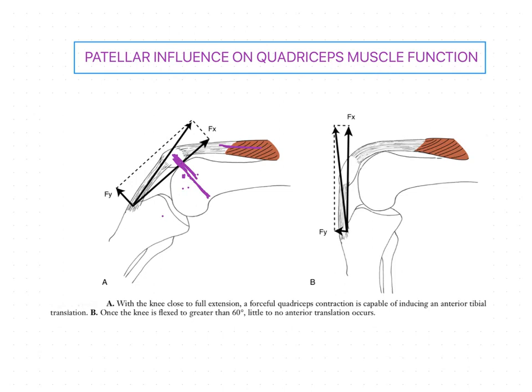At the end range of extension, the quadriceps is in a shortened position, and at that stage it has little ability to generate active tension.